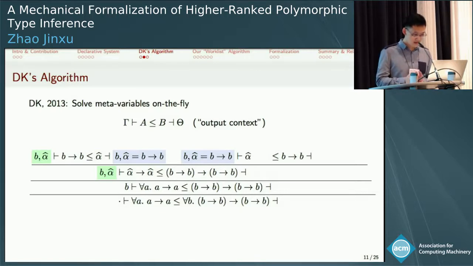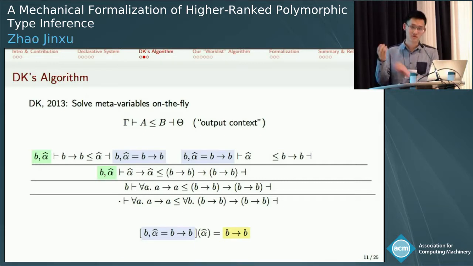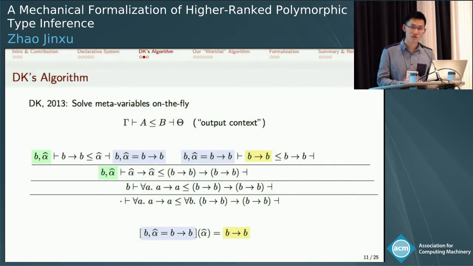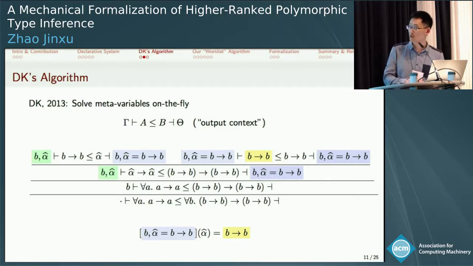At this time, we already know the solution of alpha. So why not just substitute it by context application? Basically use the context as substitution. We substitute the second branch, and it becomes quite trivial now. So we just simply return the context because we don't solve anything more.